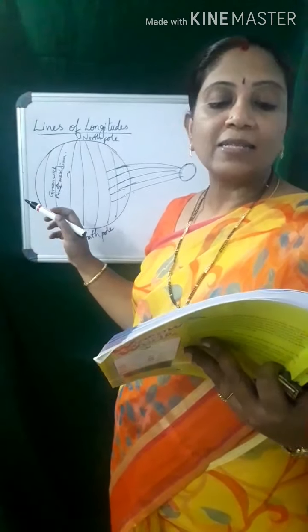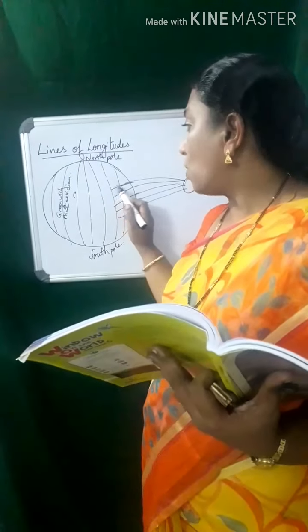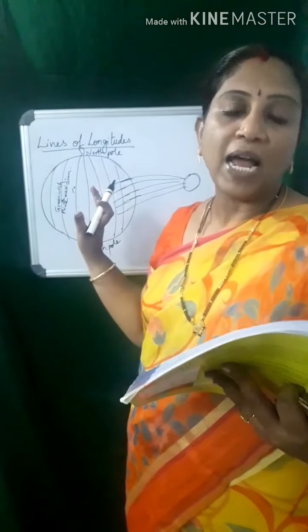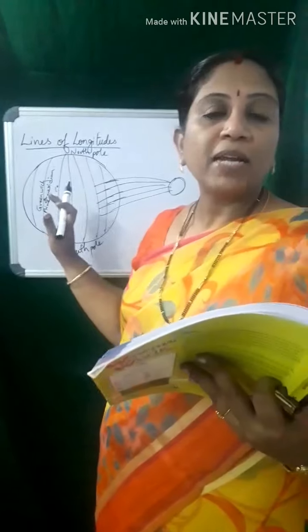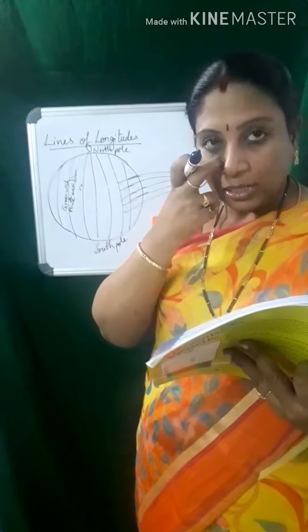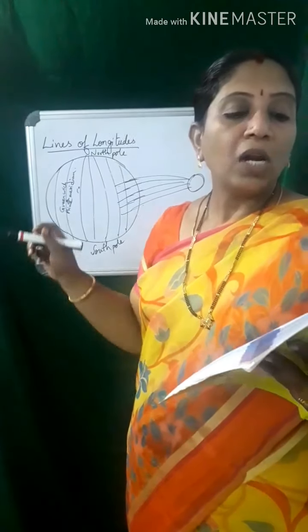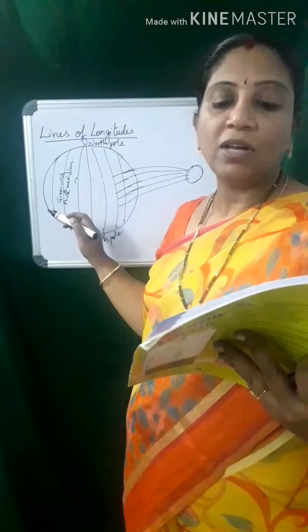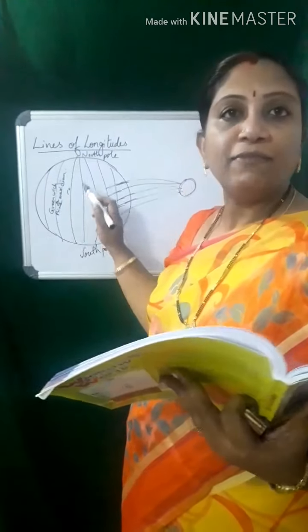This is known as local time. All the places lying on the meridian have the same time, and that is called local time. The local time is the same for all the places lying on the meridian.